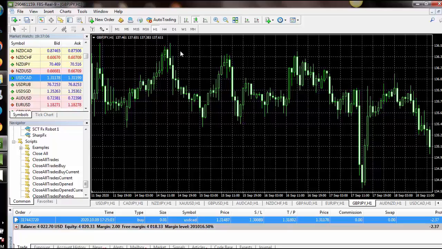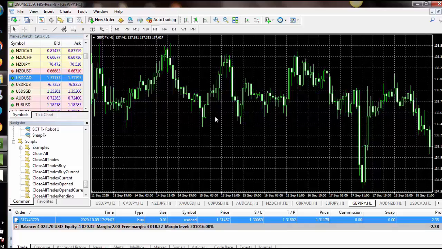Resistance is a price where the market changes direction downward. The market will be going up, gets to this place, and starts coming down. Then it goes up here, comes to this place, and starts coming down. This is a resistance that always brings price down. When price is going up, it tends to come down.